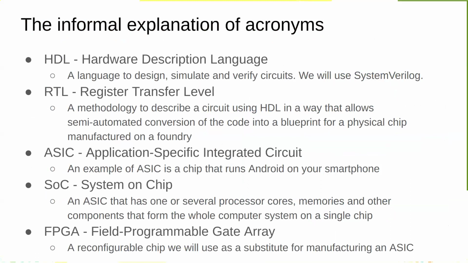First they created tools for automatic place and route. You specify components and how they're connected, and they produce finally a GDS2 file, which is a mask, and manufacture chips.